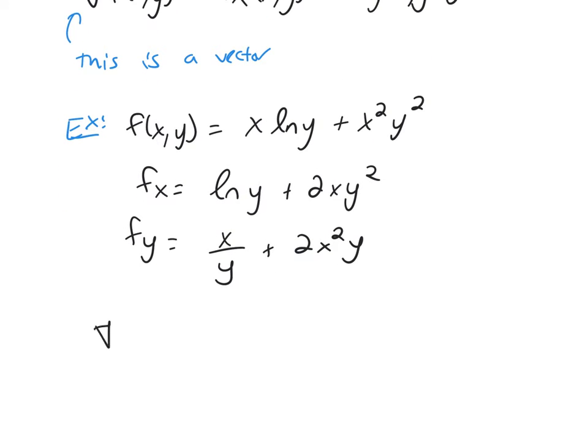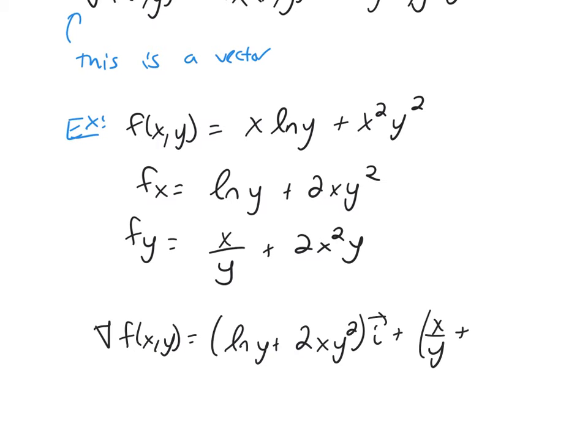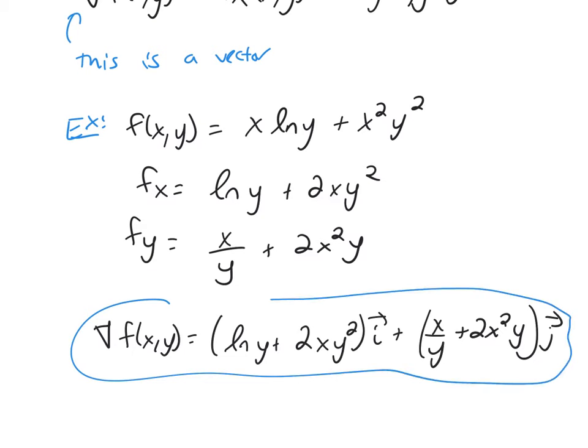So then your gradient of f would be this first bit, ln y plus 2xy squared i, plus x over y plus 2x squared y j. And you can find the gradient also for a function of 3 variables as well.